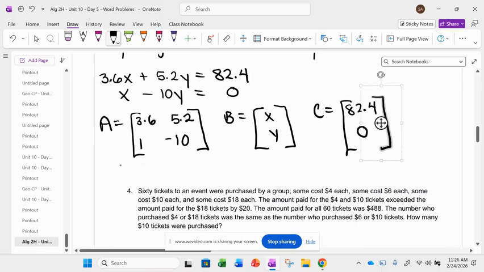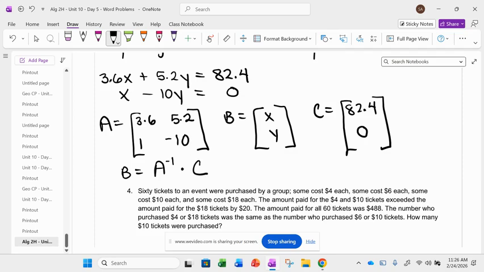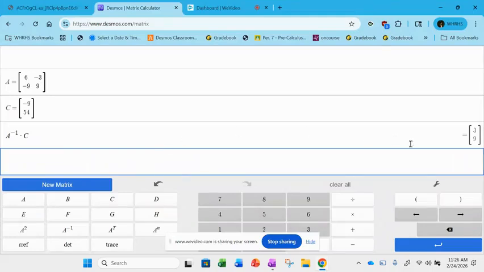And then the last thing you need to show me is that B is equal to the inverse of A times C. Okay, if you solve this, let's just go to Desmos, put this in.